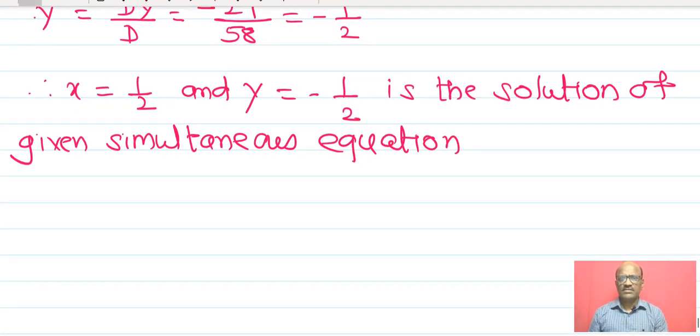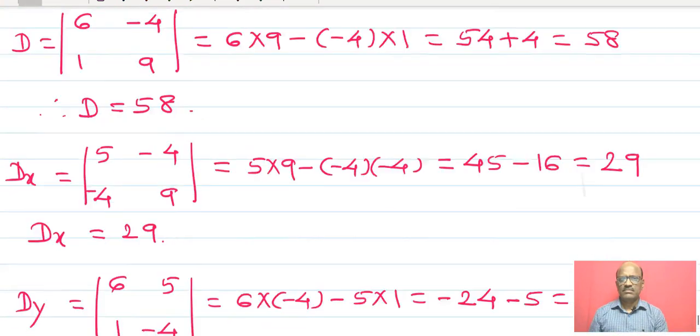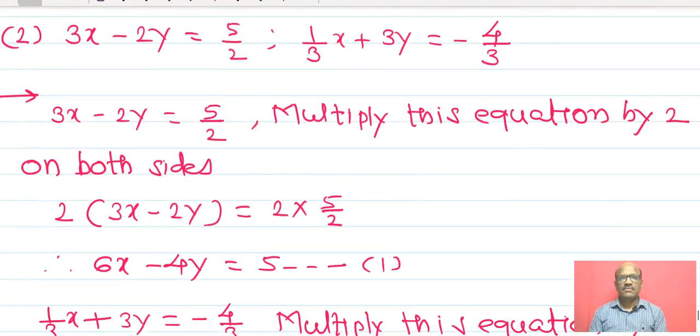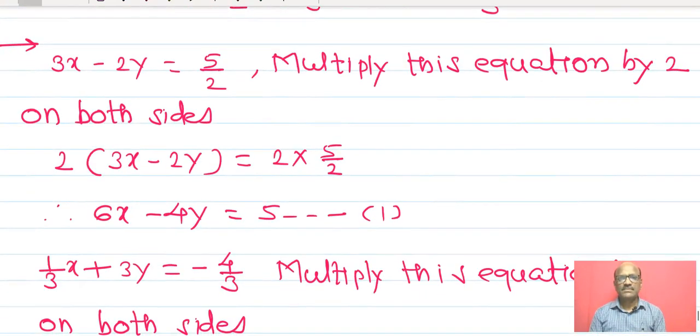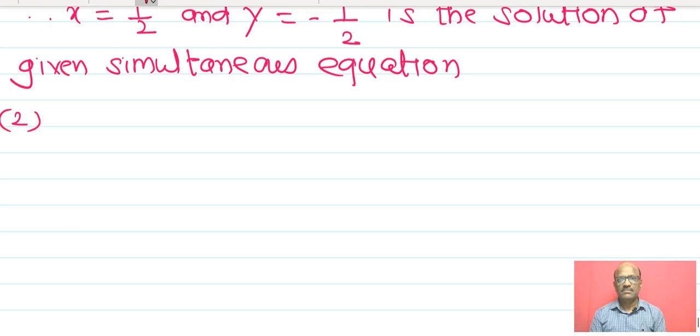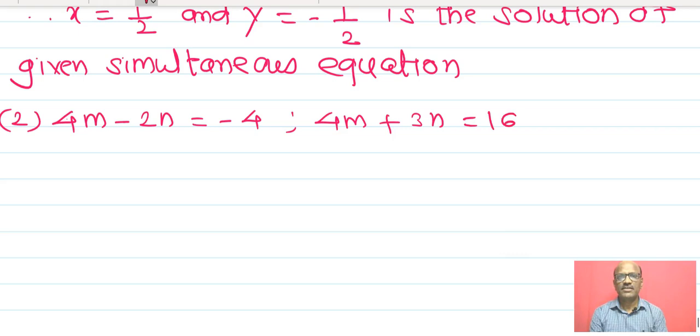Now next, example number 2: 4m minus 2n is equal to minus 4 and 4m plus 3n is equal to 16.